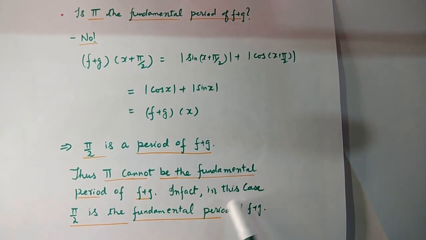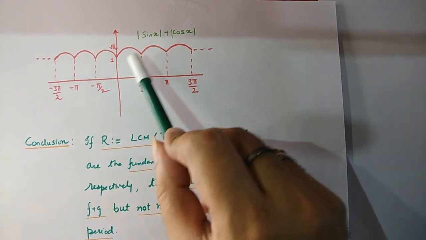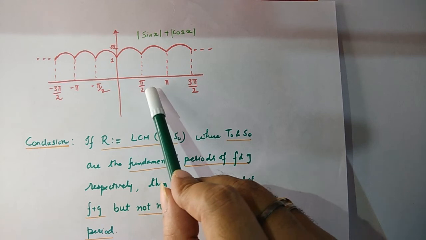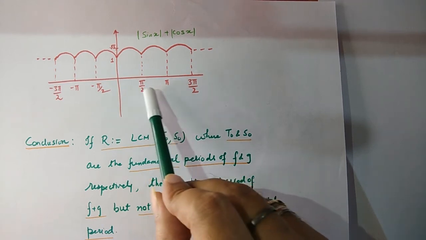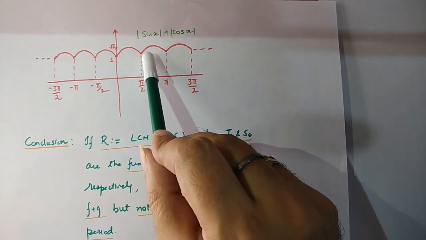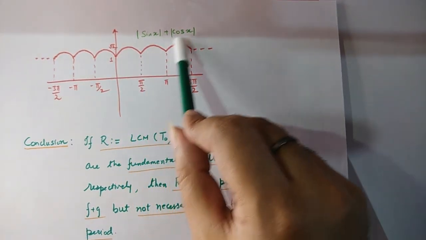In fact, we can show that pi by 2 is the fundamental period of f plus g in this case. The graph of mod sin x plus mod cos x has been shown, and you can clearly see that pi by 2 is the fundamental period, as it is the smallest time period after which the pattern repeats itself.